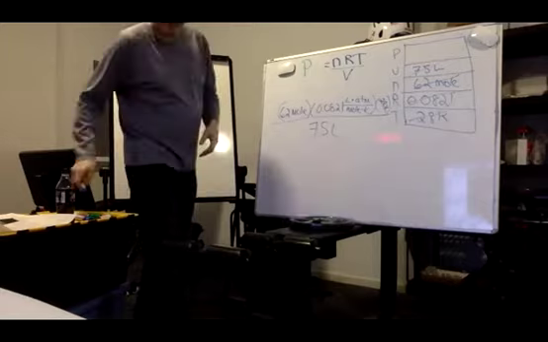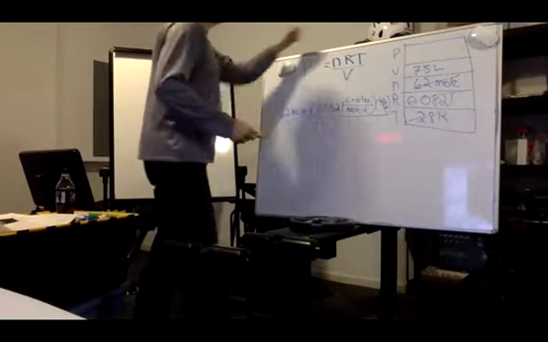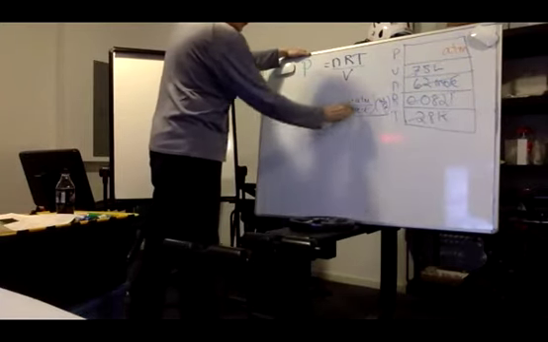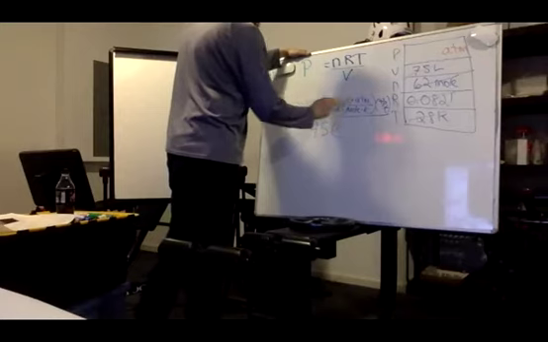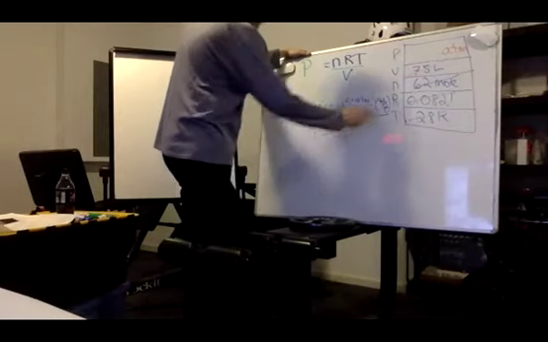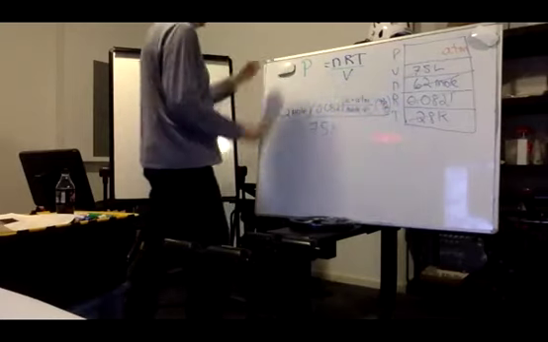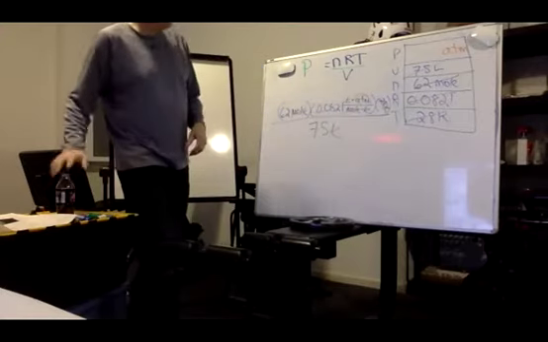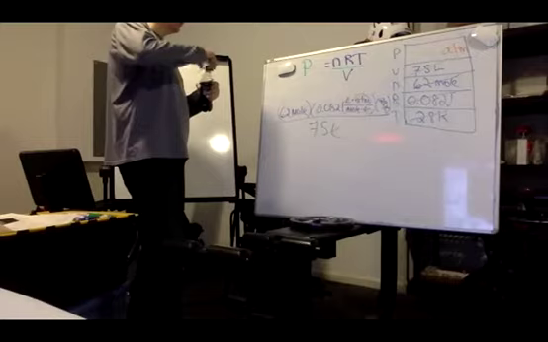And if the cancellation is correct, we should end up with atmospheres in the pressure box. So we got moles gone, liters gone, and Kelvin gone. And that's the last unit standing, atmospheres.